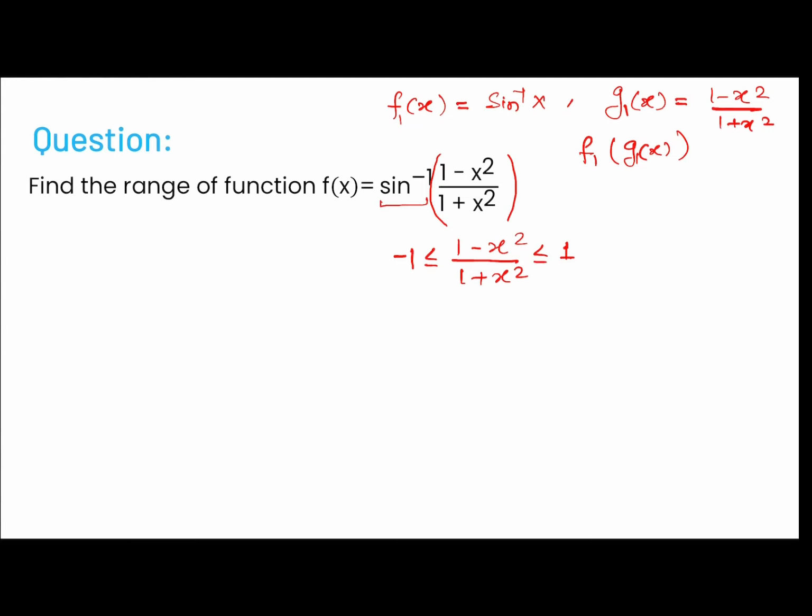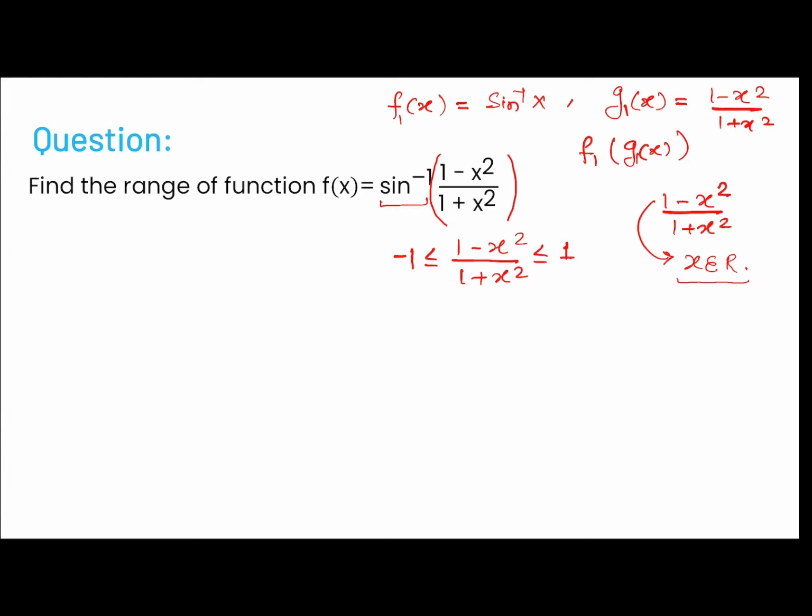And if we talk about 1 minus x square upon 1 plus x square separately, this is a rational function, denominator कहीं पर जीरो हो नहीं रहा है, तो we can say कि इसका जो domain है that is x belongs to R. So it is defined for all real values of x. Now, if we want to find the range of 1 minus x square upon 1 plus x square, we can comment about that for what interval we have to take care of sine inverse.